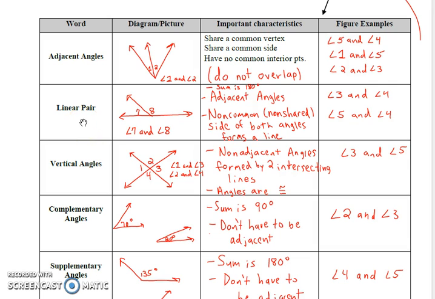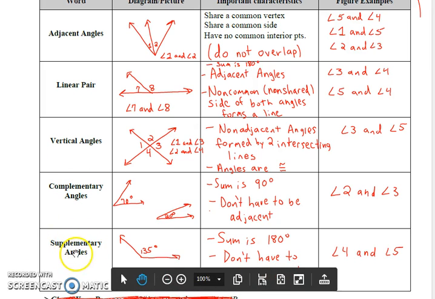Now, a straight line is always equal to 180 degrees. So since angle 7 and 8 are forming a 180 degree line, that automatically means that if we add up their measures, it will equal 180 degrees. So linear pairs are always supplementary. If you add them up, they always add up to 180 degrees.